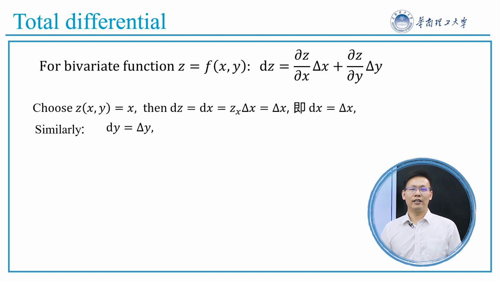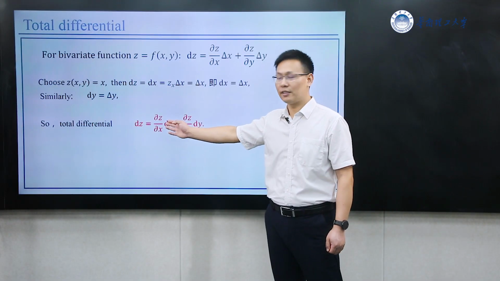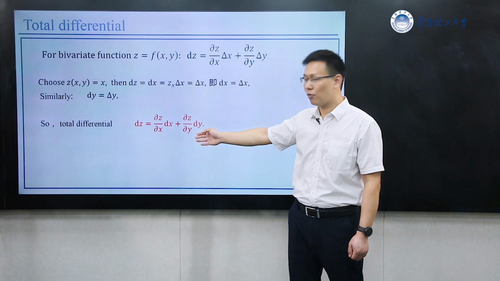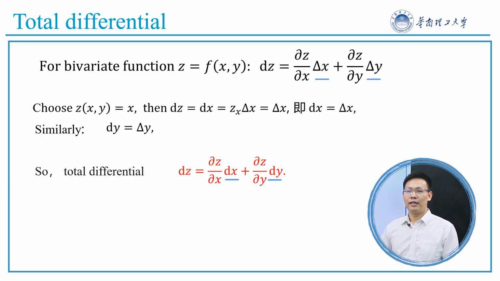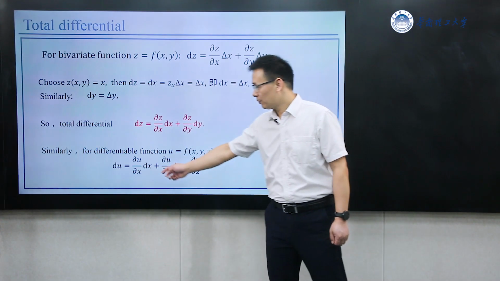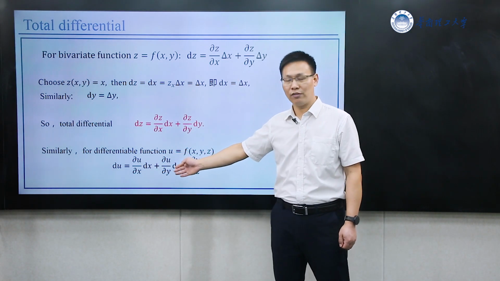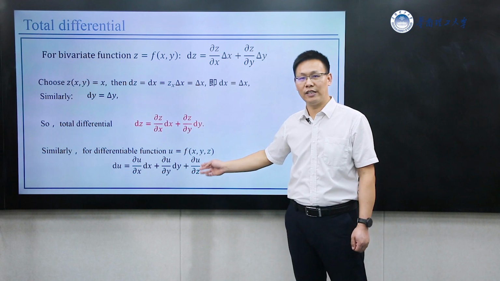Similarly, dy = Δy. So the total differential dz equals ∂z/∂x dx plus ∂z/∂y dy. Similarly, for a differentiable function of three variables u = f(x,y,z), its total differential du equals ∂u/∂x dx plus ∂u/∂y dy plus ∂u/∂z dz.